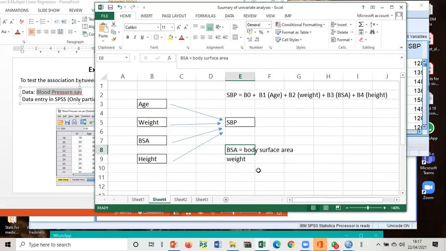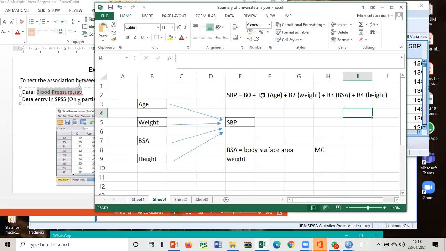Fat people, the surface area is bigger compared to thin people? Yes. So we can anticipate multicollinearity between these two. Later we'll see whether it comes true or not. We can anticipate multicollinearity, MC, but we don't know yet.